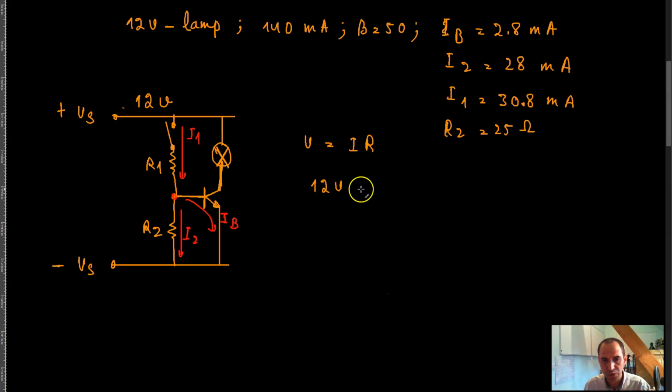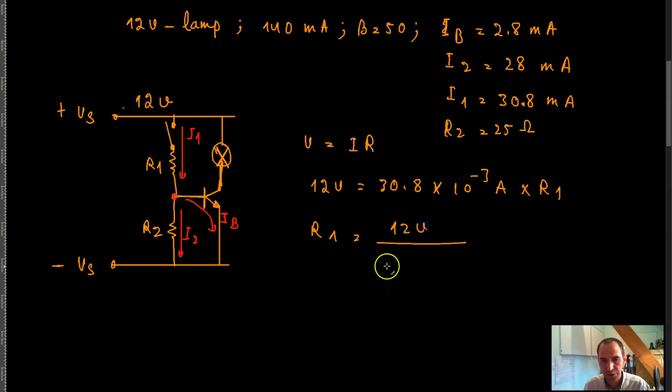So I can say that 12 volts is the current through R1, which is I1, which is 30.8 into 10 raised to the power negative 3 amps, times R1, and therefore R1 is equal to 12 volts divided by 30.8 into 10 raised to the power negative 3 amps.